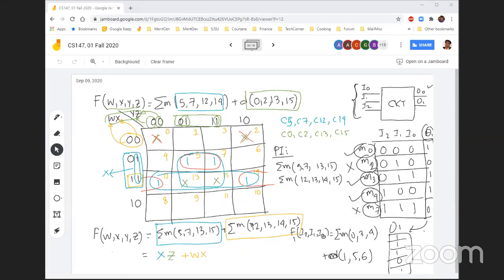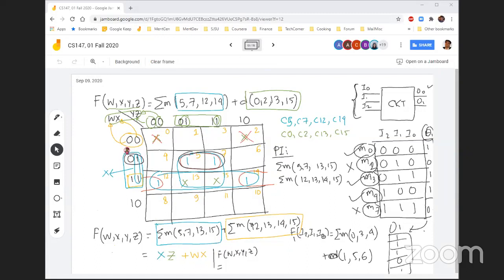This one? Okay. So if you don't use the group of 4, then f(w,x,y,z) is this group 5, 7, right? Which is w and x constant at 0 and 1.